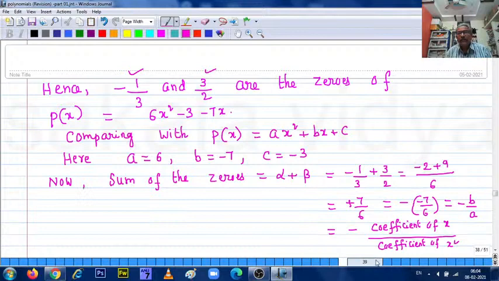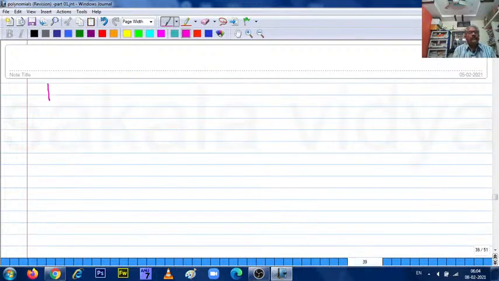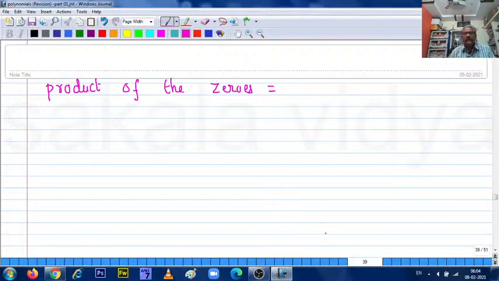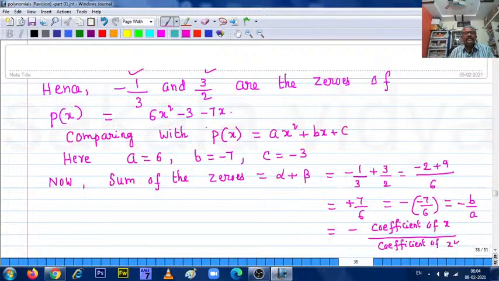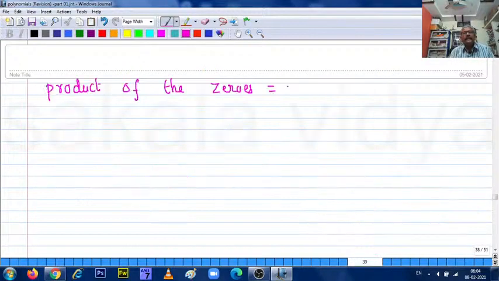Then go for the product of the zeros. See, the product of the zeros equals, what do you get here? Actually the zeros are minus 1 by 3 and 3 by 2. So we can write alpha beta whose value is minus 1 upon 3 into 3 by 2.